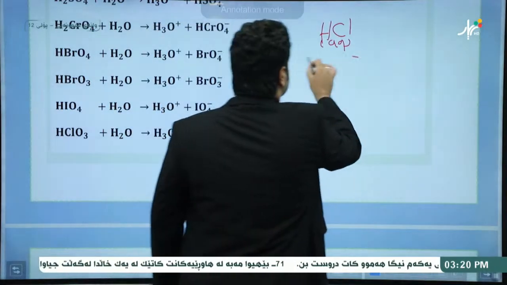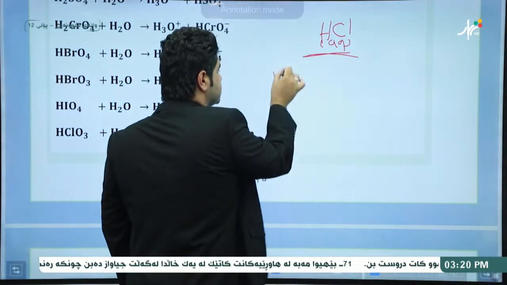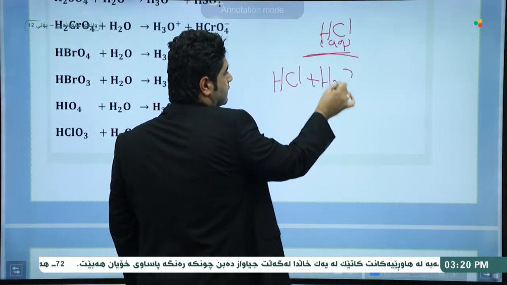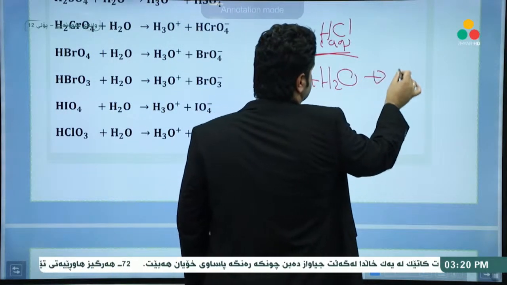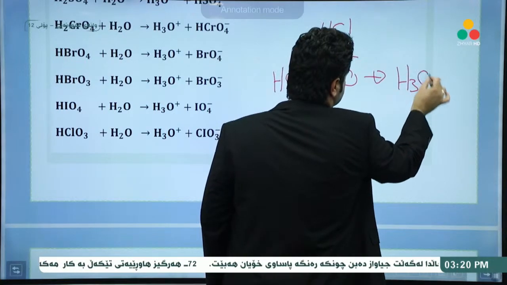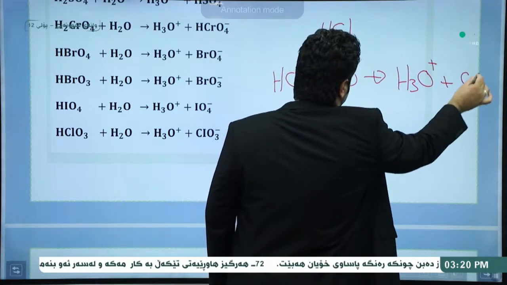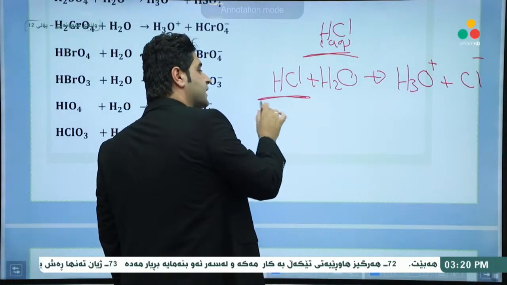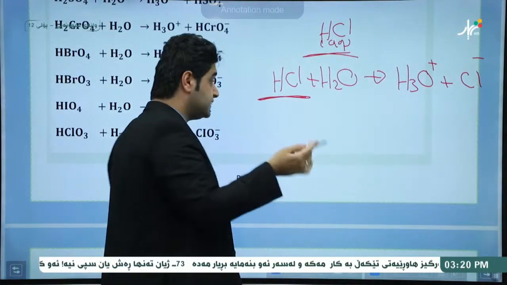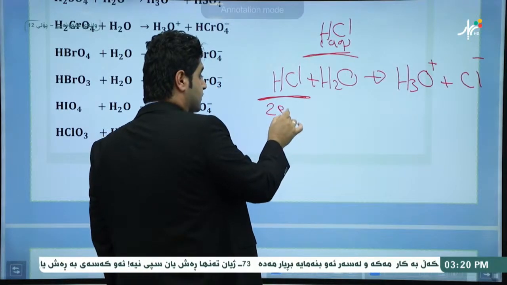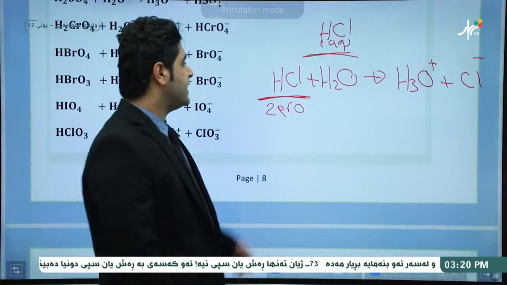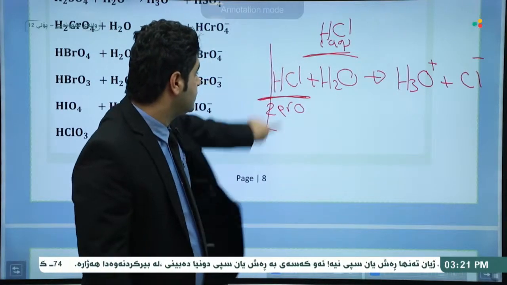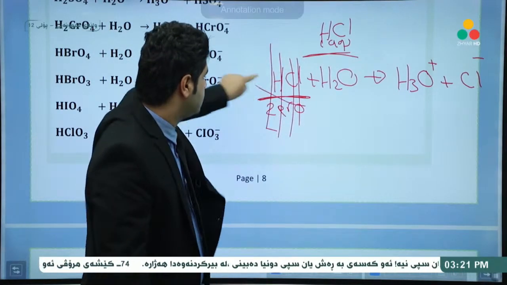Look, HCl aqueous means HCl plus water, H2O, producing H3O+ plus Cl-. Because it is a strong electrolyte, it ionizes completely, so here we have 0. There will not be any remaining amount of HCl. So we don't have any HCl.